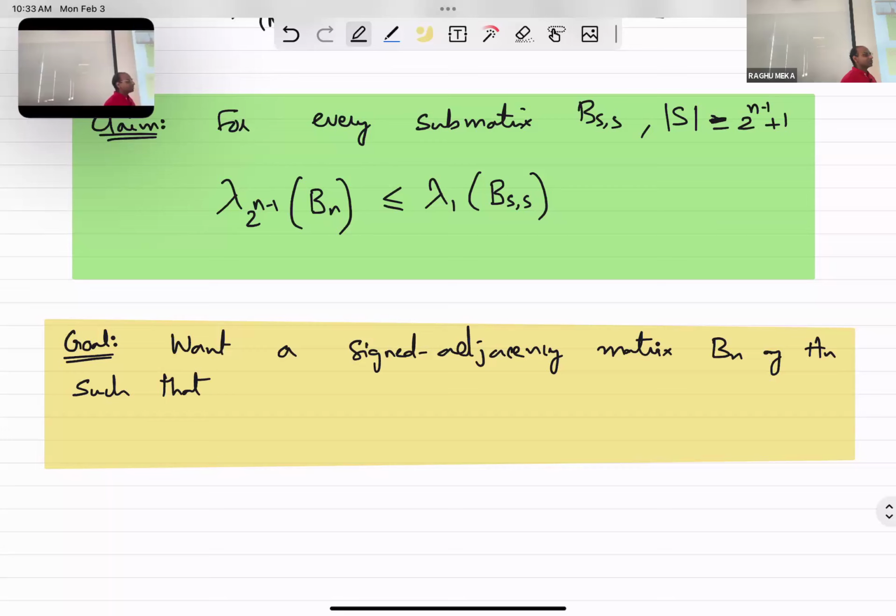It has a lot of eigenvalues, 2 to the n eigenvalues. But what else do we need? Basically, we need a signing such that we don't just maximize the largest one, but I want the 2 to the n minus 1th eigenvalue also to be big, right? If I can show this, I'm very happy. Can you find me a signing which has 2 to the n minus 1 eigenvalues, all of which are at least?